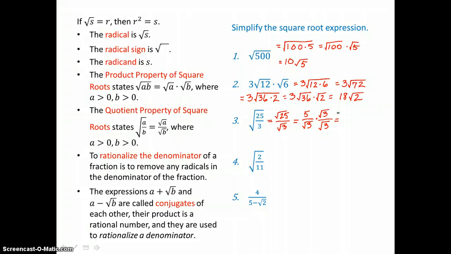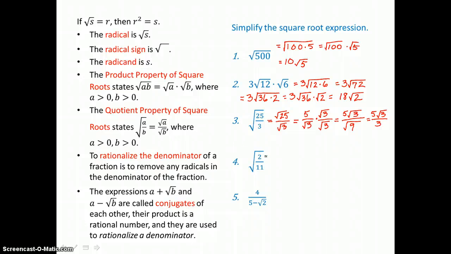And then we'll multiply tops, 5 times the square root of 3, and in the bottom we can use our product property of square roots to write that as the square root of 9, and we know that the square root of 9 is 3, so we want to leave this expression as 5 square roots of 3 divided by 3.